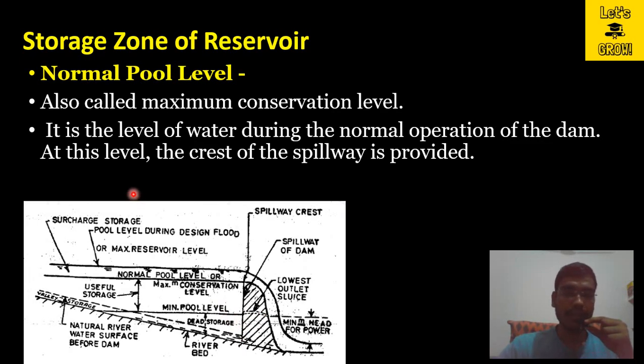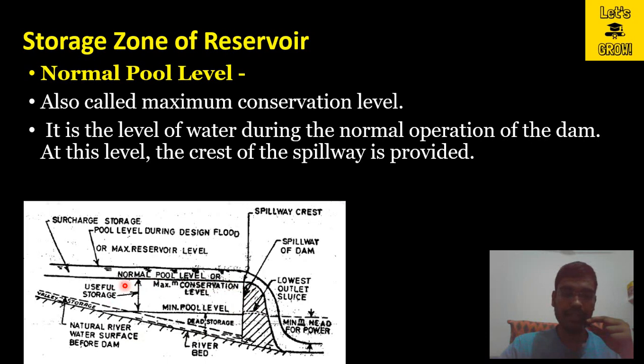Normal pool level is also called the maximum conservation level. Why is it called the maximum conservation level? As you can see here, this is the normal pool level or maximum conservation level. This is the maximum amount of water which this dam can store easily.